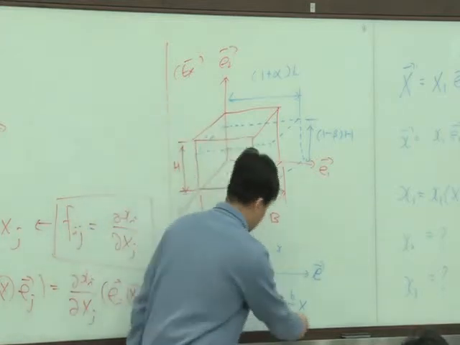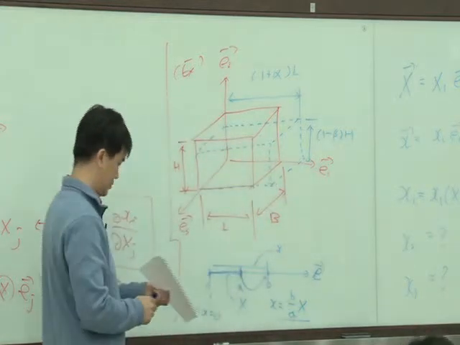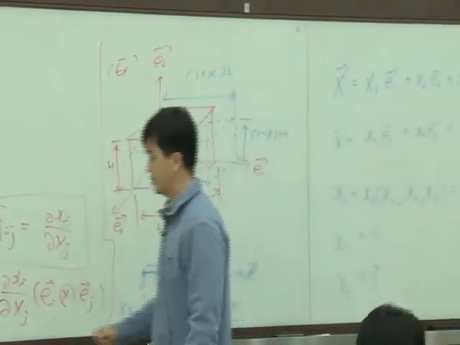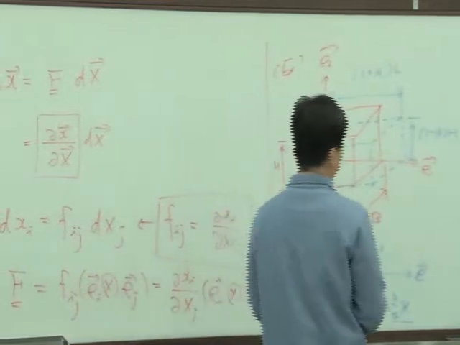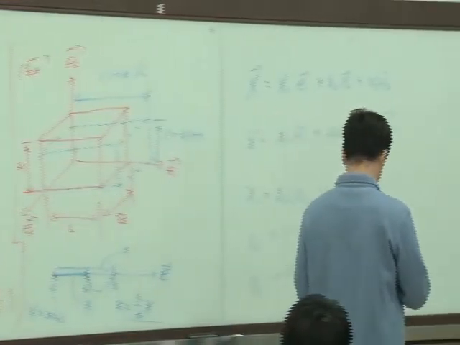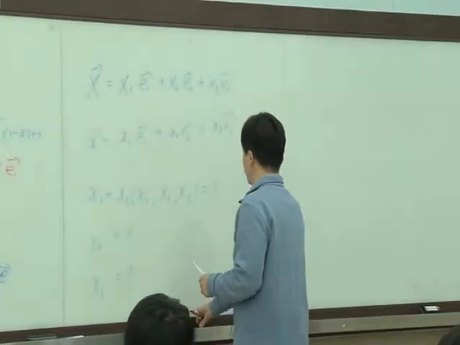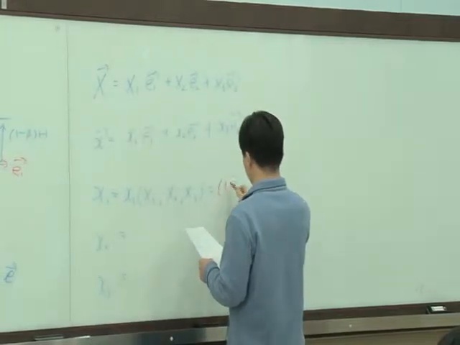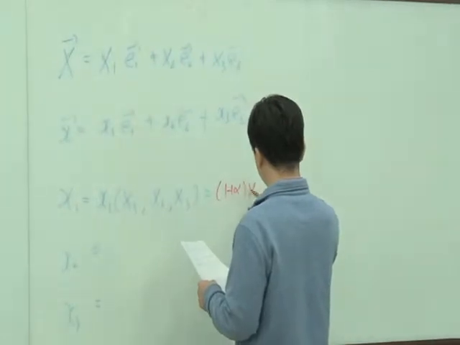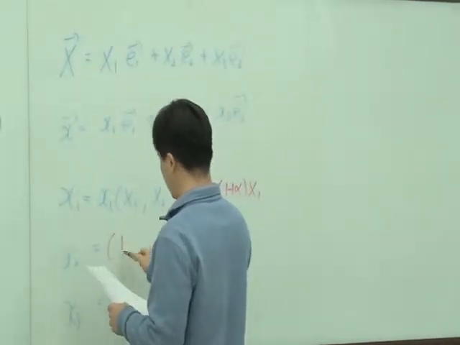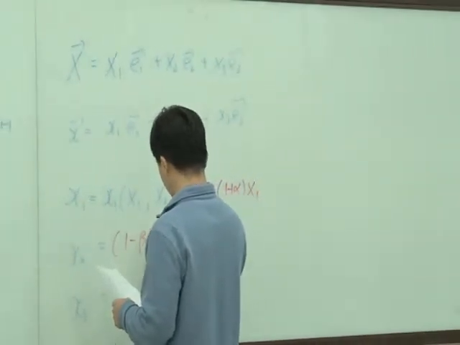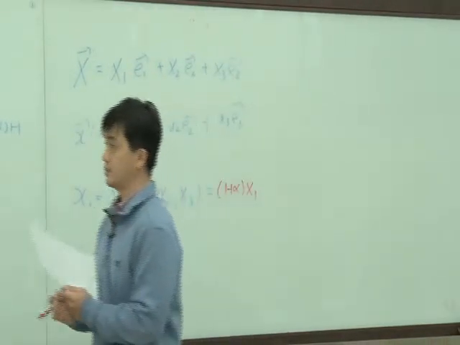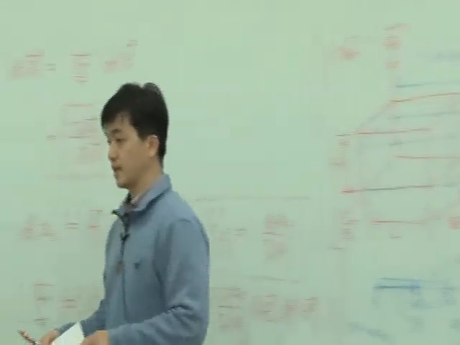Something like that. So x1 equals one plus alpha times X1, x2 equals one minus beta times X2, and x3 equals X3. This is the function mapping.